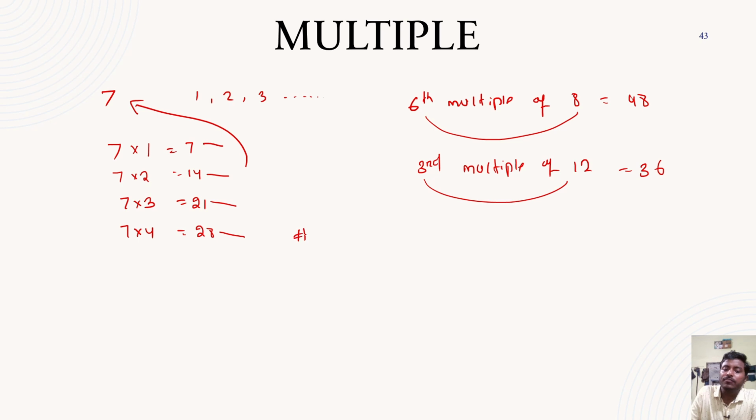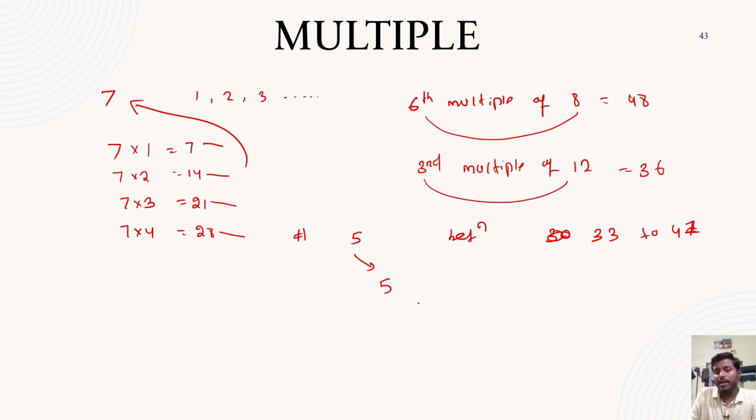Suppose the question is: find the multiples of 5 between 33 and 41. Okay, so we know that multiples of 5 means the 5 table.